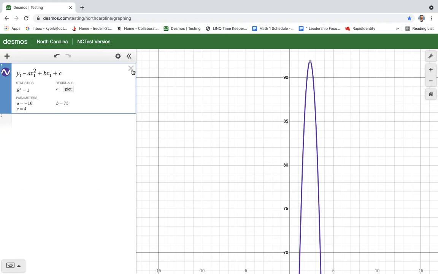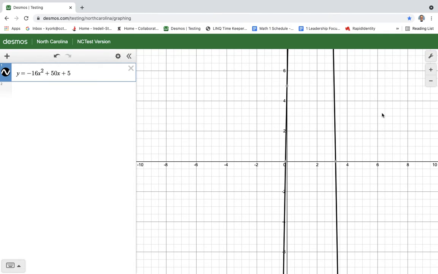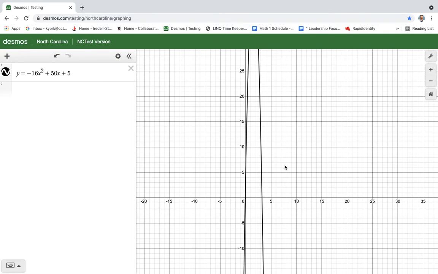We're going to type in Michael's equation, which was y equals negative 16x squared plus 50x plus 5. And I'm going to hit my home button so I can find his information.